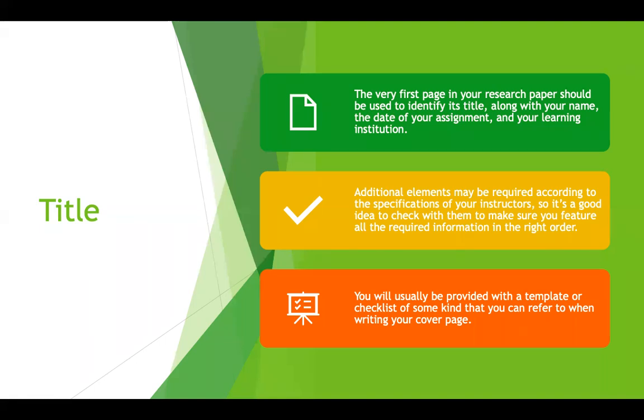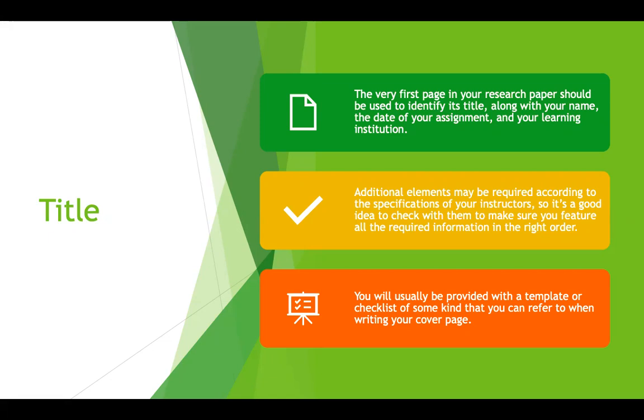So the title comes with the names of the authors and their affiliation with any institute. Additional elements may be required according to the specification of your instructors. So it's a good idea to check with them to make sure you feature all the required information in the right order.